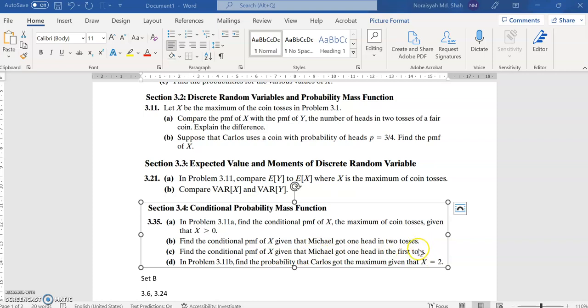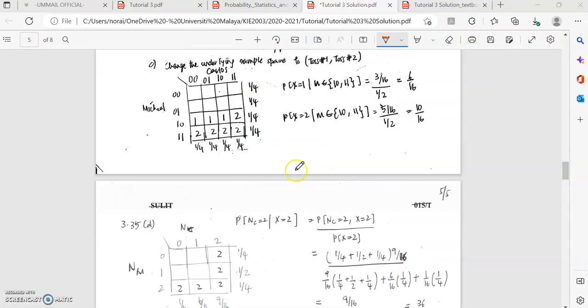Michael tosses the coin twice. Now we are looking at the first toss and the second toss, so we change this diagram a little bit. Instead of looking at X as the number of heads, we label the first toss and the second toss.